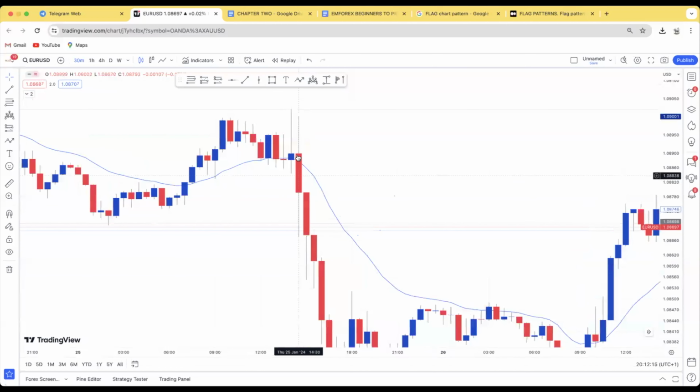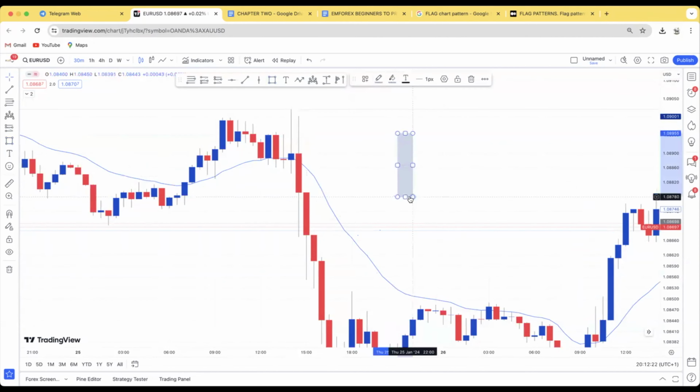Let me draw it out for a bearish candlestick. Let's take an example in this place. This is the wicks. Now for a bullish candlestick, let me use the callout tool.